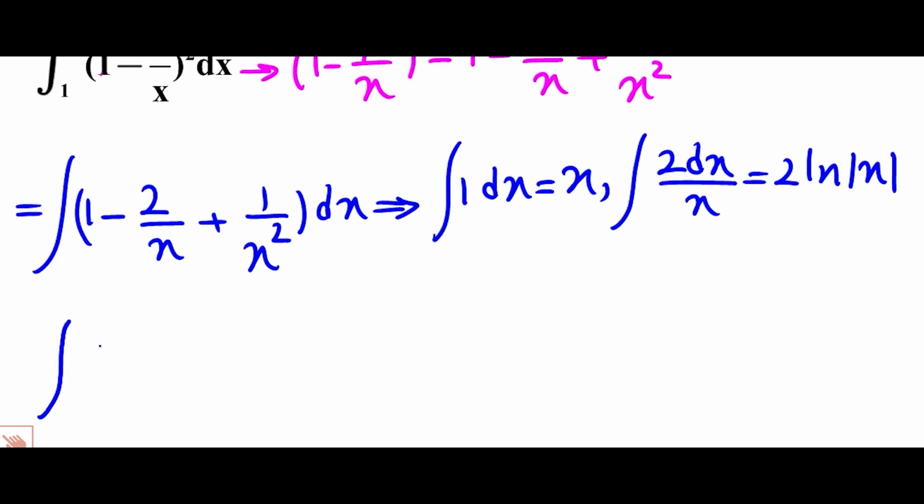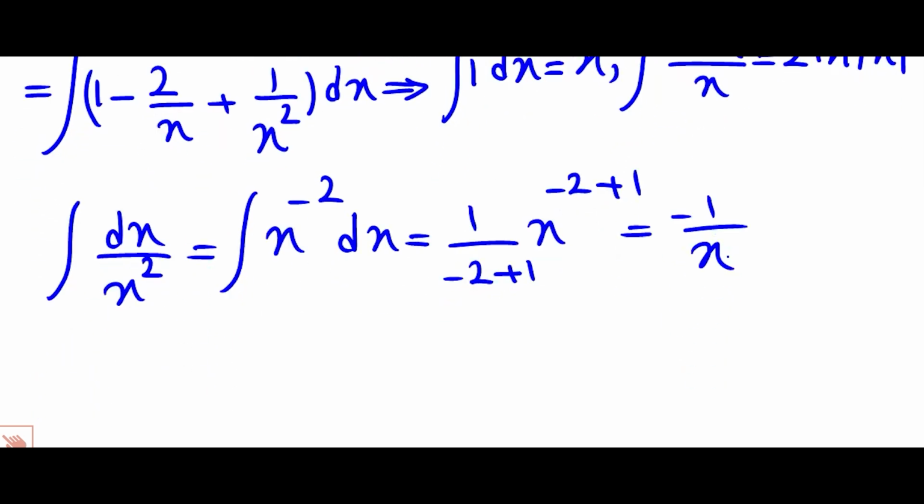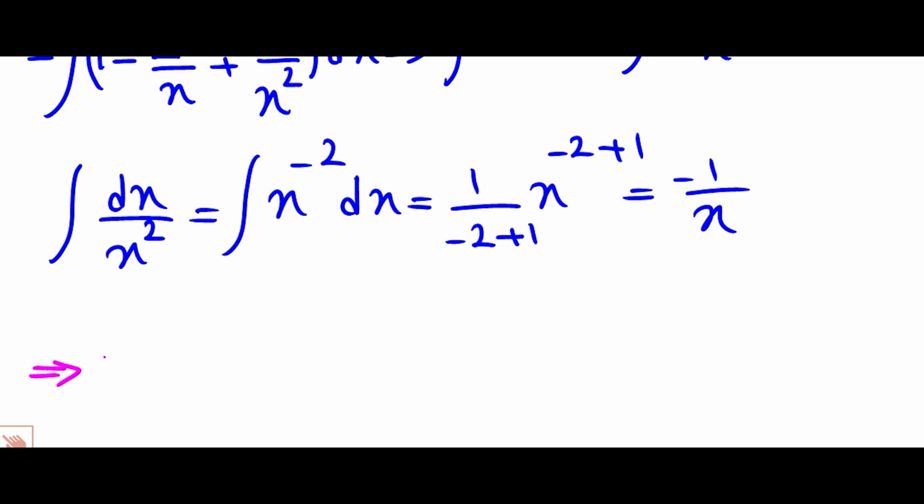And the integral of dx over x squared, if we use the power rule, is the integral of x to the power of negative 2 dx, which is 1 over negative 2 plus 1 times x to the power of negative 2 plus 1. Negative 2 plus 1 is negative 1, and x to the power of negative 1 is 1 over x, meaning negative 1 over x.